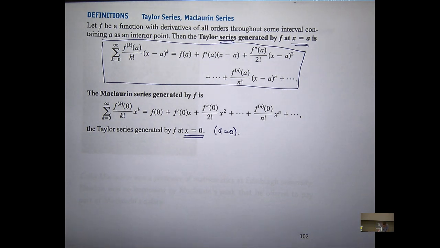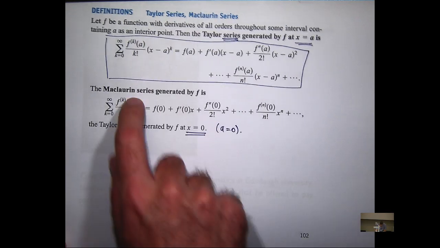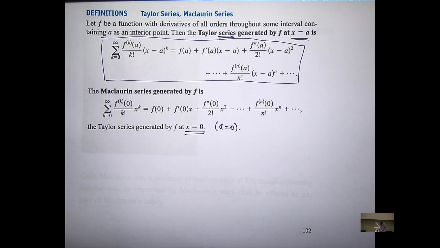Okay, Taylor series. Notice as you go from term to term, the derivative increases, the power of x minus a increases, and the factorial that you're dividing by increases. Now, a special case of a Taylor series is when a equals 0. In that case, the boxed representation simplifies, so just remove all the a's, and you'll get the following Maclaurin series. On the left-hand side, we've just used sigma notation, which allows us to write sums in a nice compact form.